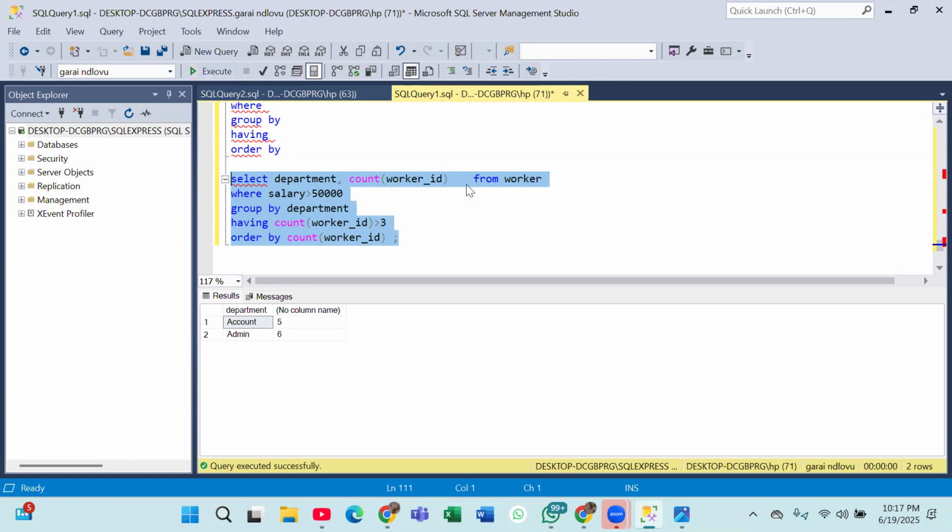Alias is like giving this column a temporary name, correct? How can I give that? I can write beside it. Let's say I'm writing counts here. So I will get this column name as counts. Can you see this, everyone?